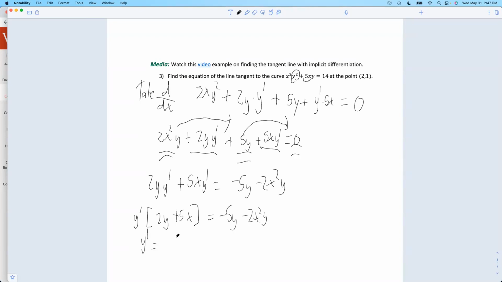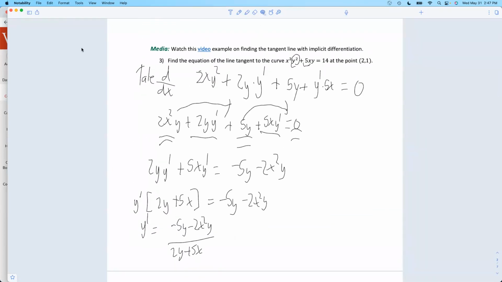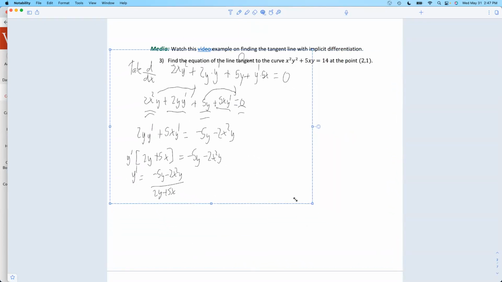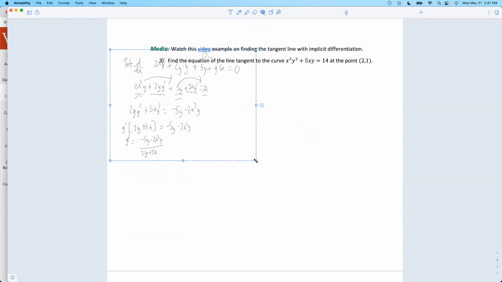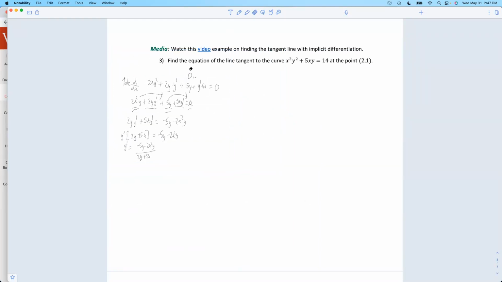Y prime will be negative 5y minus 2x squared y over 2y plus 5x. Let me make this smaller to give myself some space here. I'm going to need a lot of space.